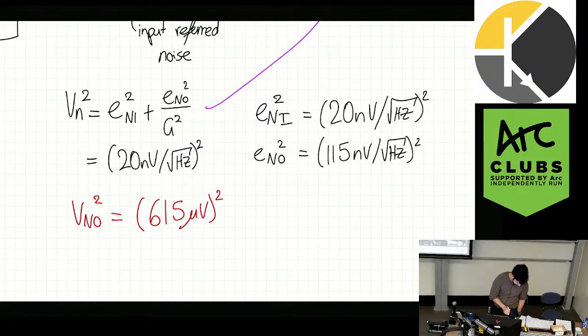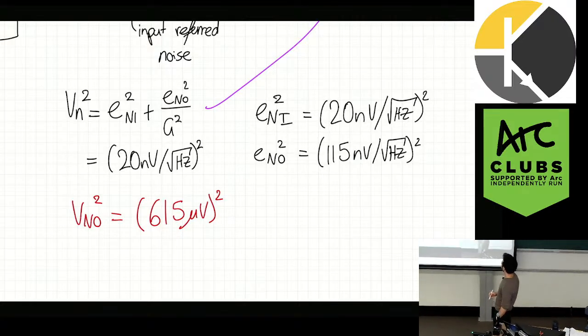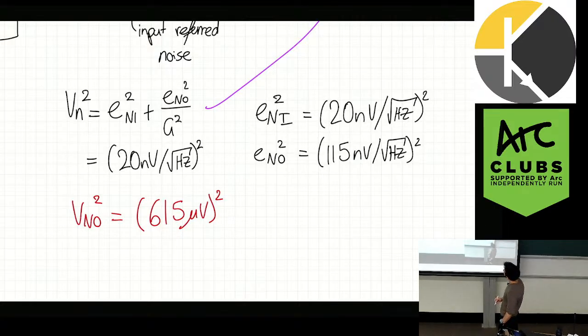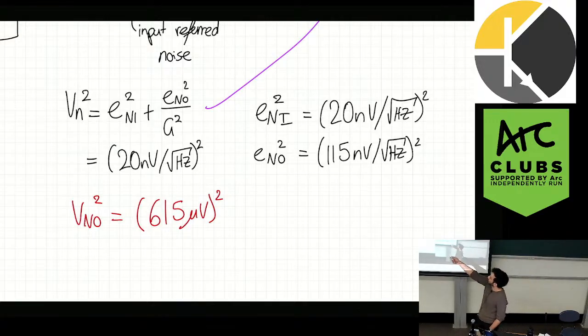Yeah, I've got to be honest, I can't remember how I calculated this. Could it be that your EN0 is just insignificant when you divide by G? Yeah, probably. EN0 is large, but then you divide it by 100 squared, so it's going to be a really small number, okay?